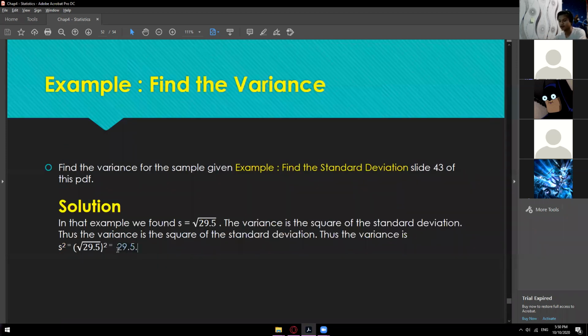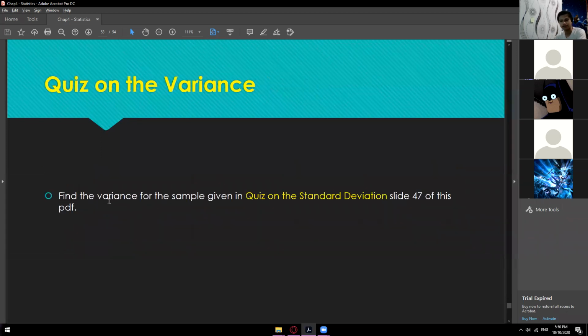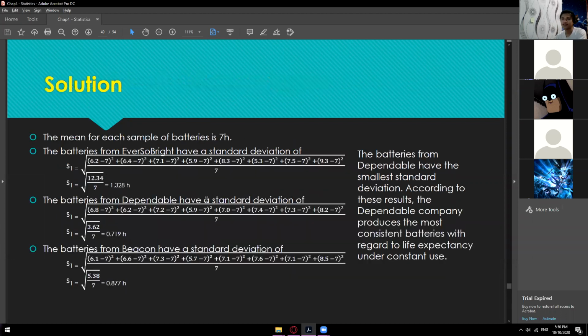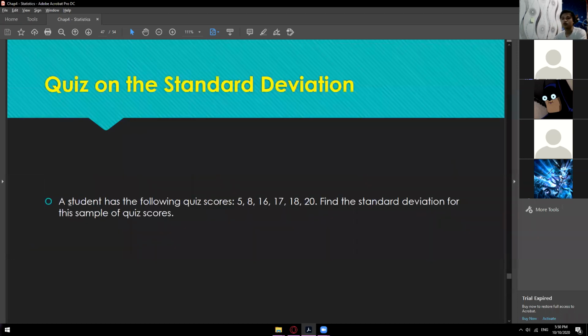So as usual, after na example, okay, which is ito na yung sagot, 29.5. After ng example, we're going to have a quiz. The last quiz. Okay, so find the variance for the sample given in quiz on the standard deviation. Okay, which is slide 47. So, alamin nyo muna, slide 47 ito. So, ito, quiz nyo to, alamin nyo muna yung standard deviation. So, of course, gagamit kayo ng 5 steps.